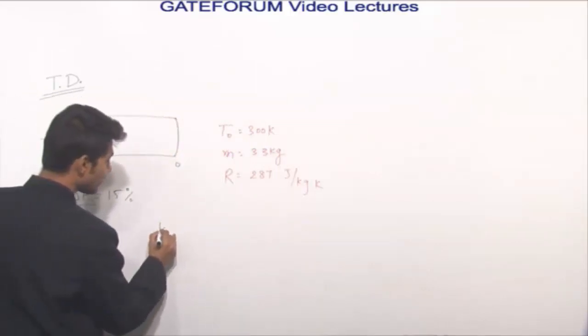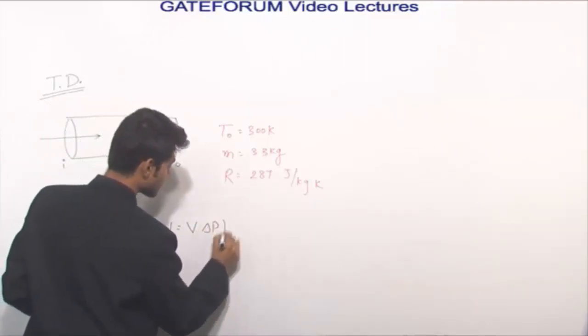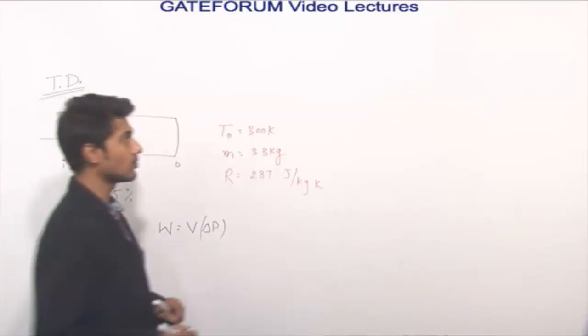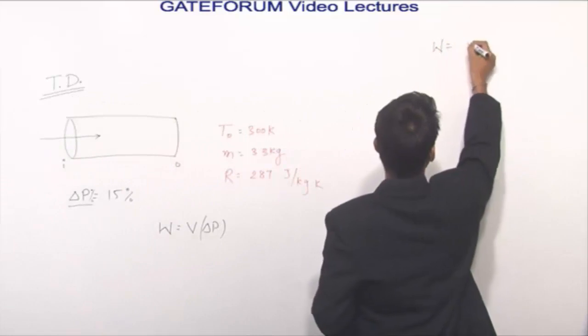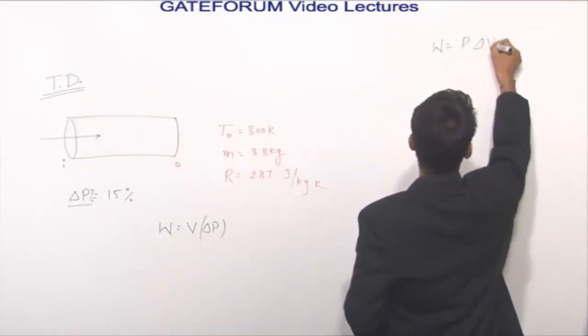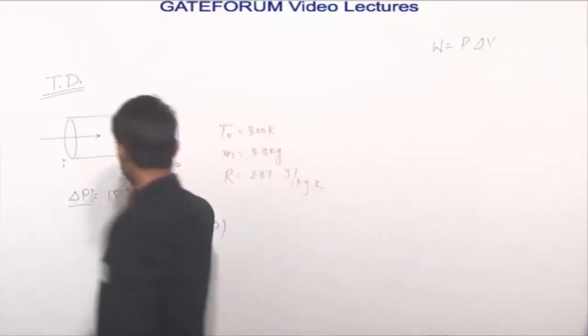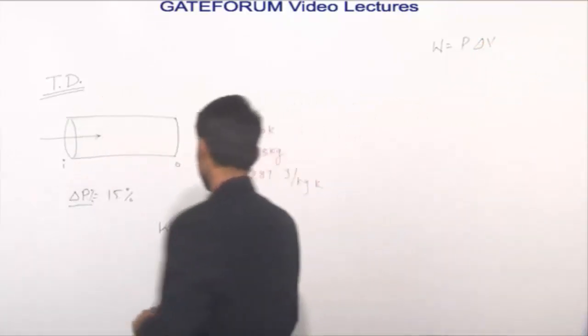So for a flow system, work done can be written as V delta P. For closed systems, we write work done as P delta V. But it is an open system, since it is a pipe. For open system, work done can be written as V delta P.